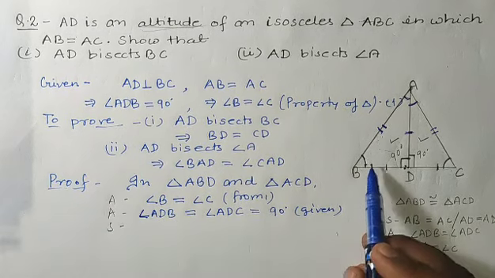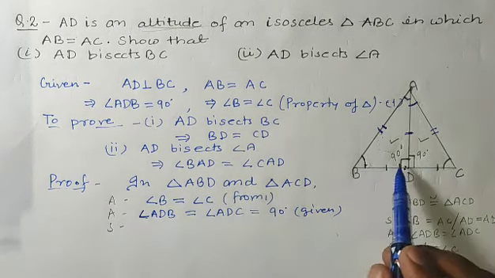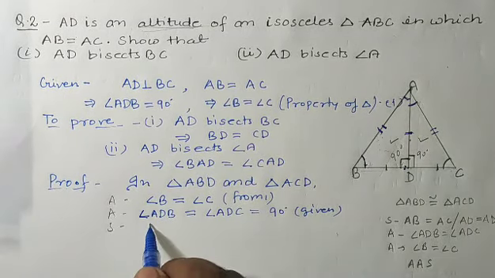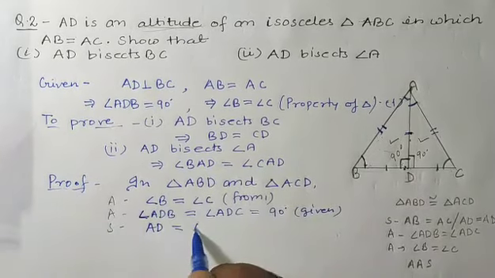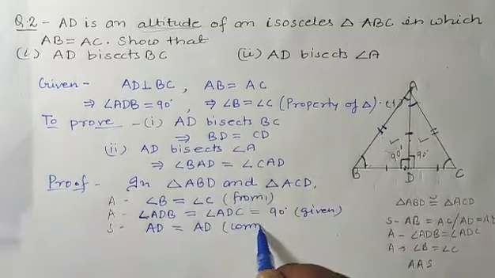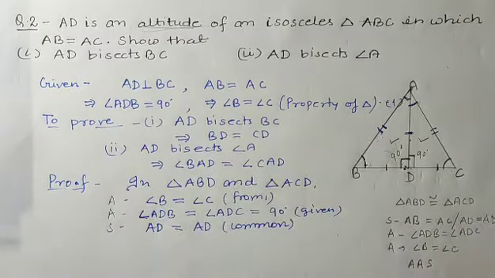And side, so it should be in order, angle then side. Okay, non-included side. So here we are writing that AD is equal to AD. Okay, this is the common side of these two triangles.